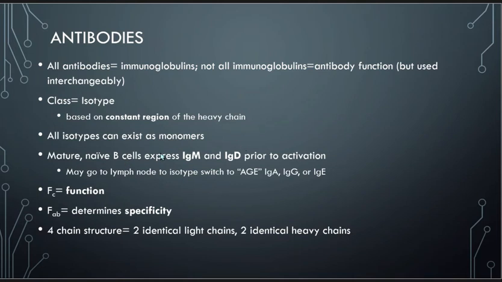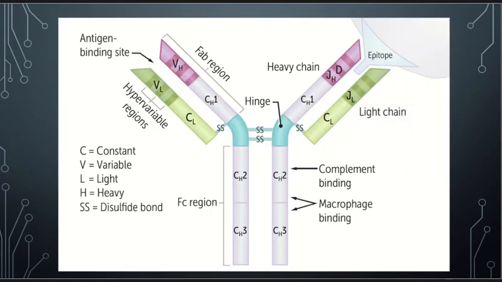So we're going to look at the Fc fragment of the antibody, which is going to be indicative of the function of that specific antibody class, and the FAB region is going to help determine the specificity of that particular antibody, because the FAB region, which we see here, is going to include this little portion right here that I'm pointing to with my mouse.